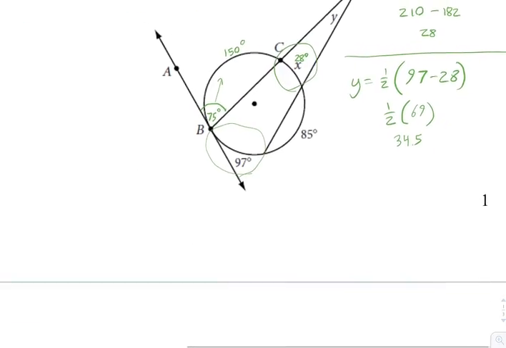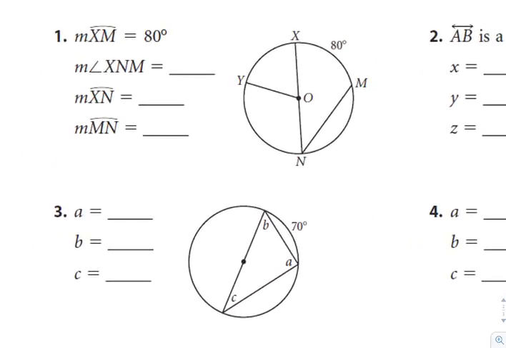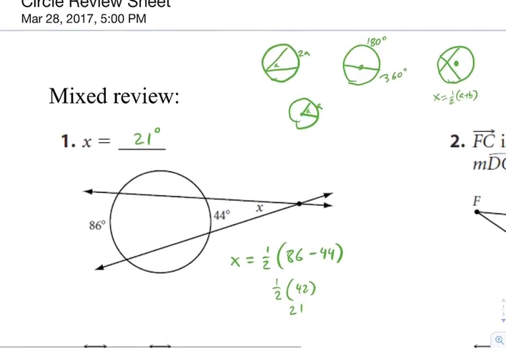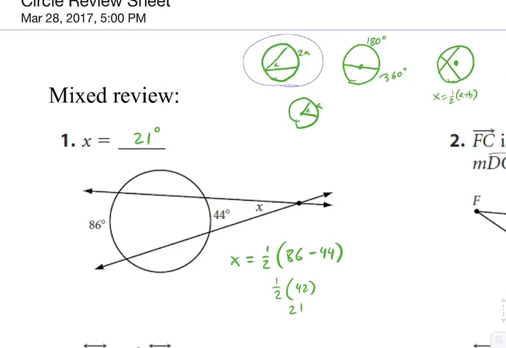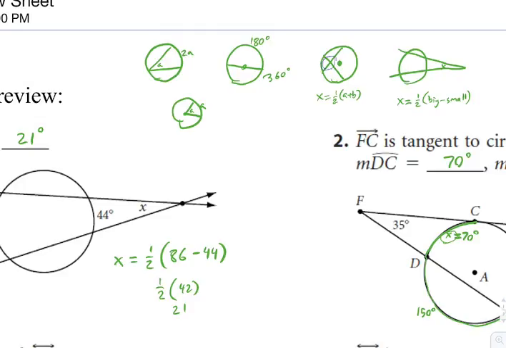Okay, so that's one side. Let's move on to the second side now. Okay, looking at this. Again, you're starting to hopefully notice a pattern. When I can, I use inscribed angles. Then I go to my 360 or half is 180. And as soon as I've used these up, as much as I possibly can, that's when I check for it. Well, do I have an odd angle inside the circle or an odd angle outside the circle?